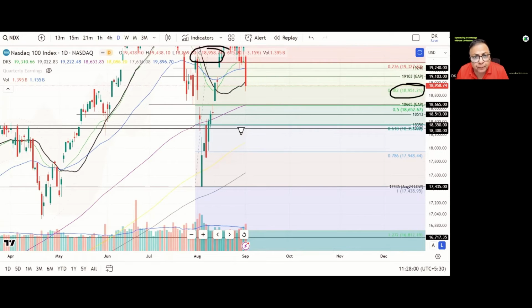So there could be a possibility that there is a recovery in the Nasdaq 100 in a couple of days. Then there is an existence of a gap that we have discussed, which exists at 18,665, which coincides with the 50% retracement level, and SMA 144 could be the next potential support in Nasdaq 100.